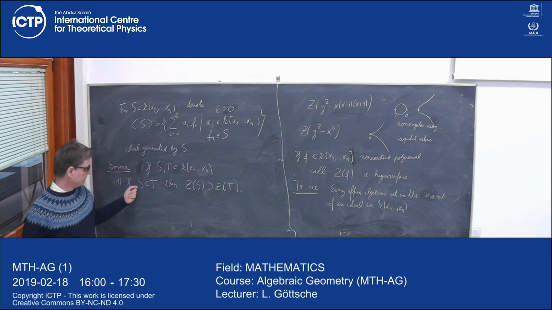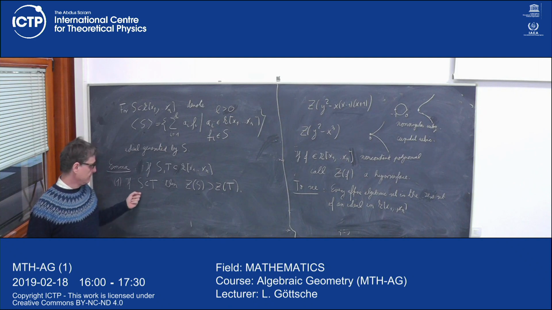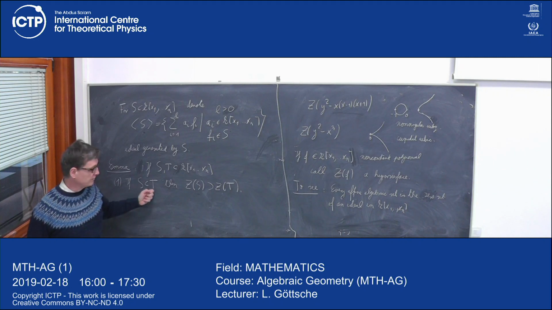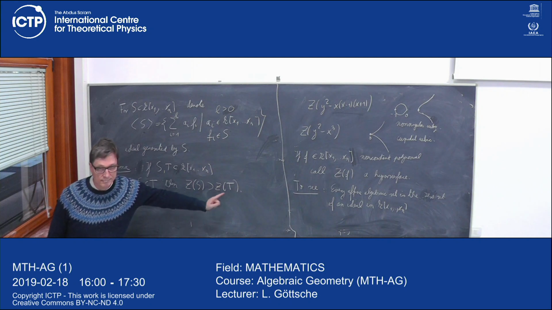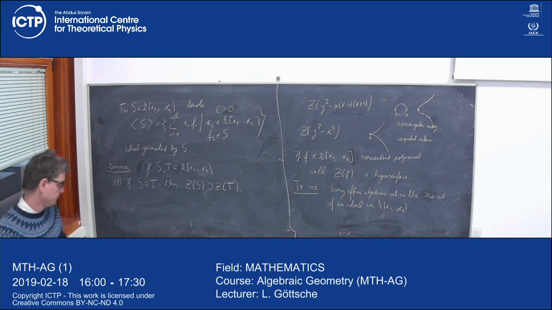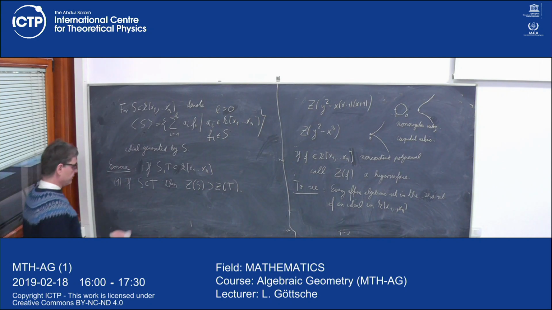So if S is contained in T, then S imposes less conditions on the zero set than T. Therefore, clearly, the zero set of S contains the zero set of T. So this is clear.